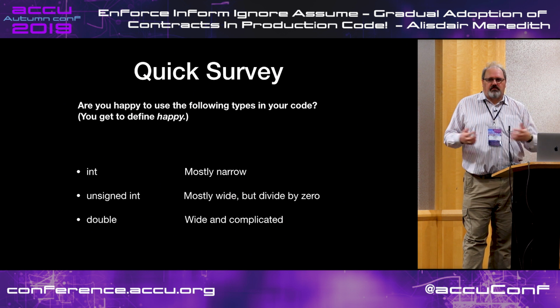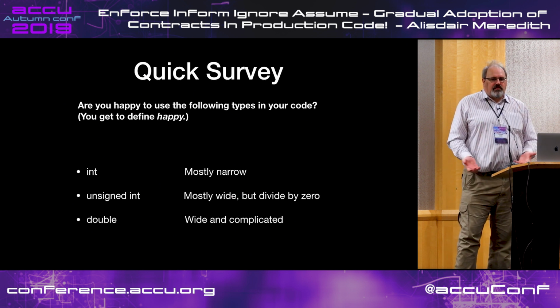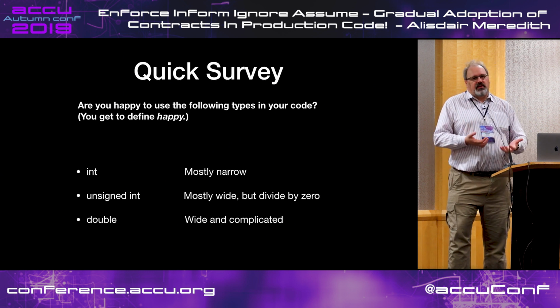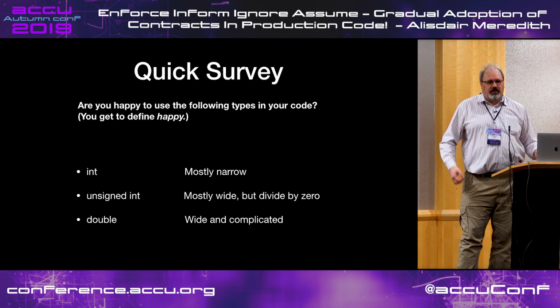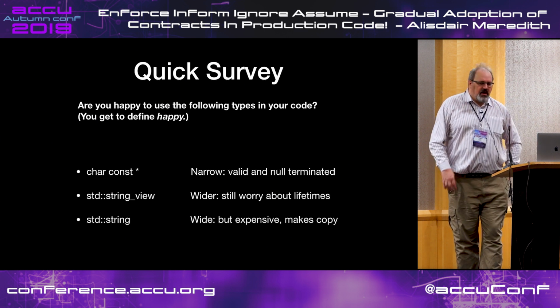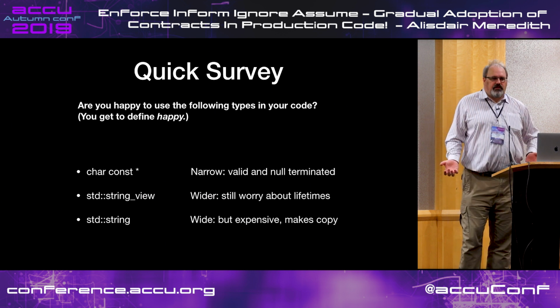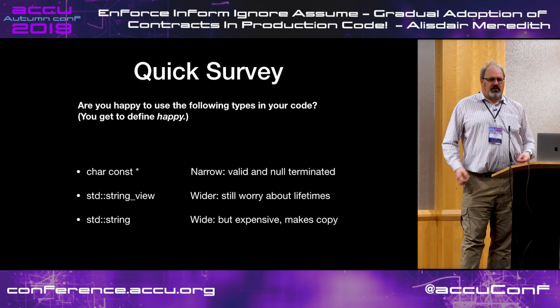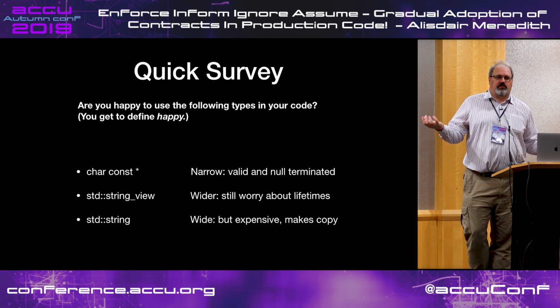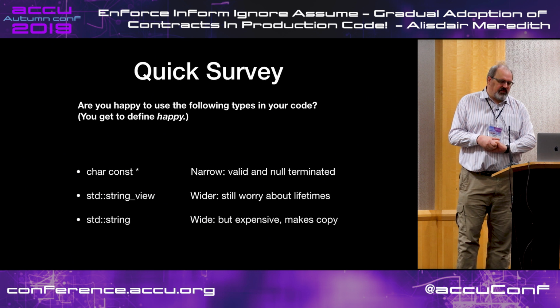Again, just for clarification, typical surprising behavior with double is that order of operations matters in ways it doesn't when you're dealing with integers, because of overflow and so forth. And again, in a similar vein, thinking about const char star, standard string view, and string as being on a similar spectrum: const char star is a really weak contract that is compatible with C, but people like to move away from this towards string view.